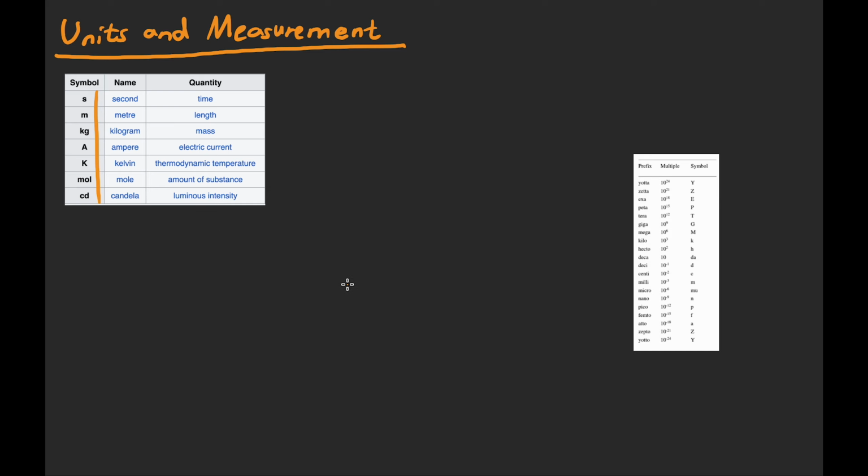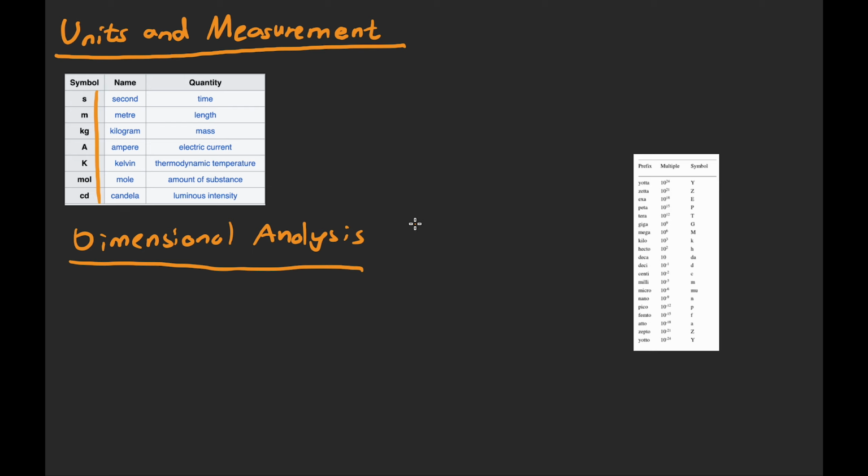I'm telling you this because often in physics we're going to be dealing with units quite a lot. That's why I'm going to talk a little bit about dimensional analysis. Dimensional analysis is, well, dimension in physics.